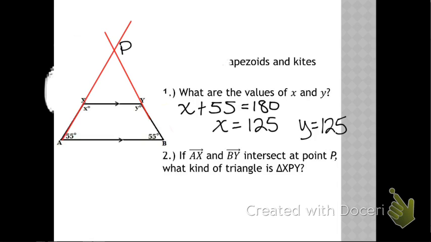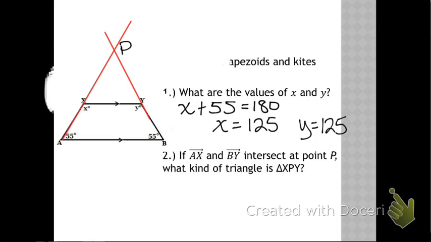What kind of triangle is triangle XPY? All right. Well, if we look at the larger triangle, so the triangle APB, hopefully you could see that this larger triangle is going to be isosceles because those base angles are congruent. So these sides would be congruent.